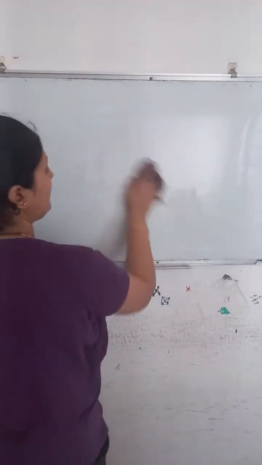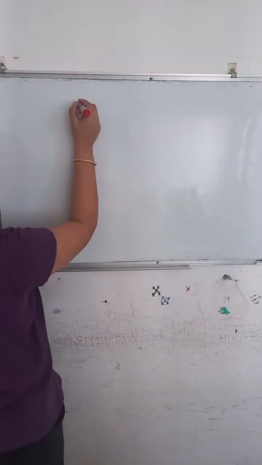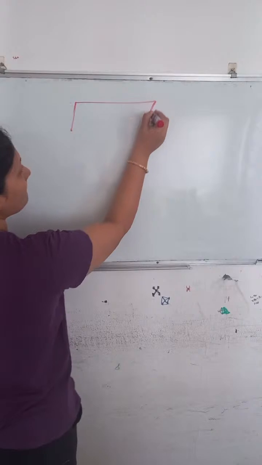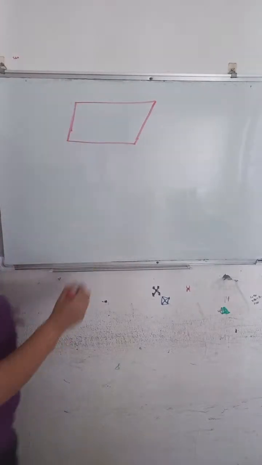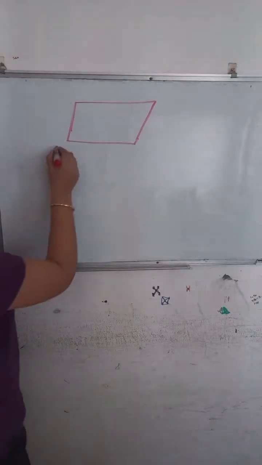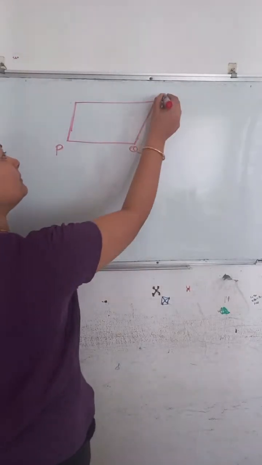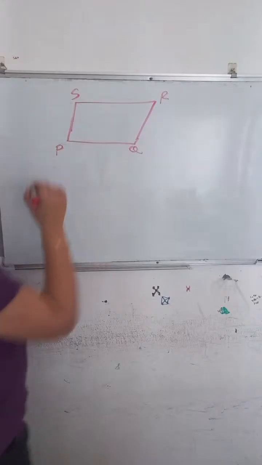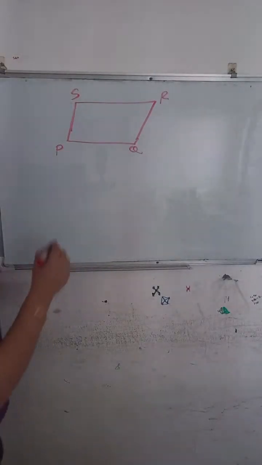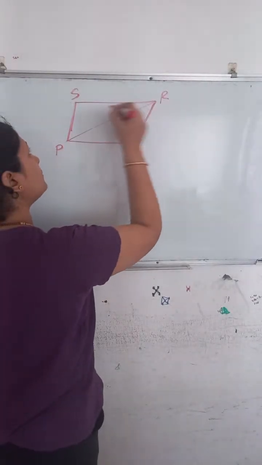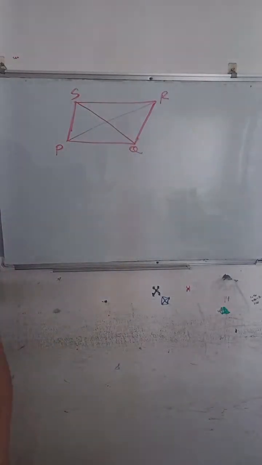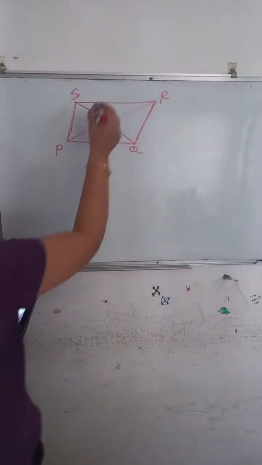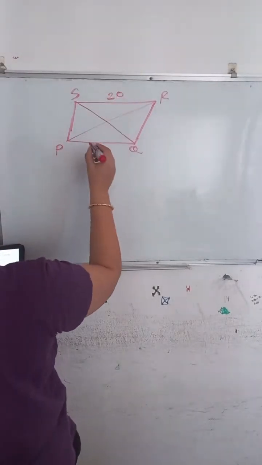I'll draw the diagram, and join the diagonals. This is 20.